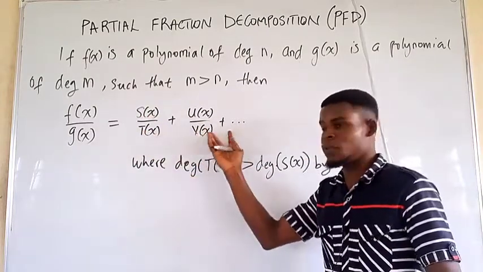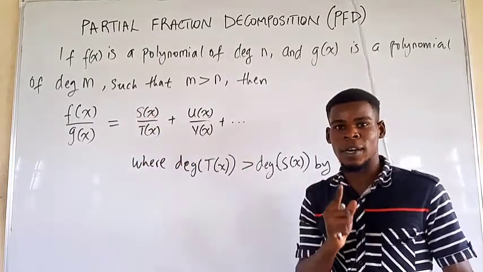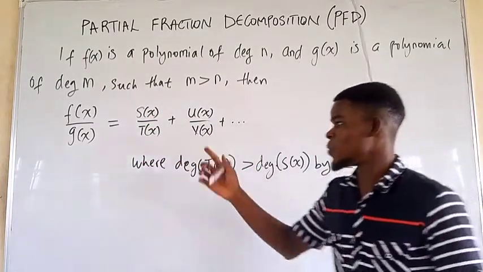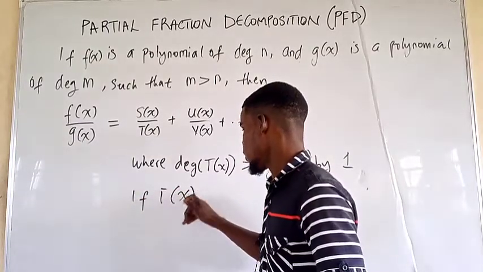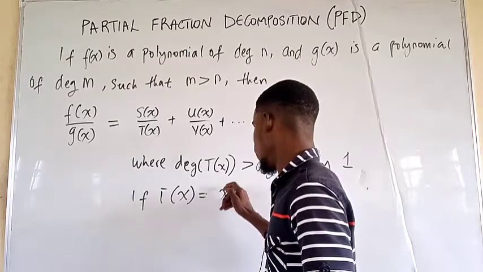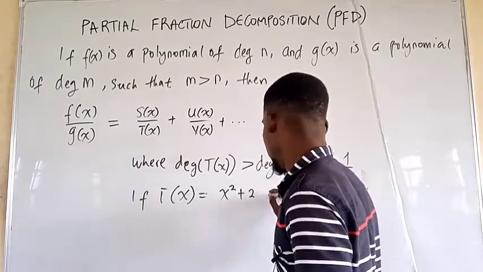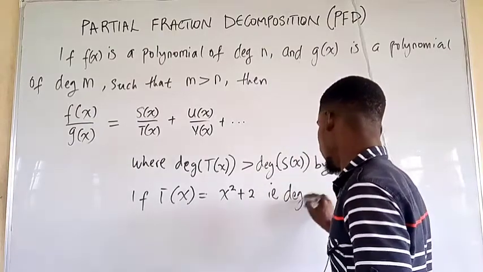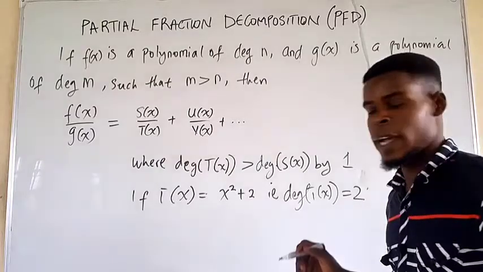This is also the case for this one. So where the degree of the bottom here is greater than the degree of the top here by 1. The degree greater than this by 1 means that if t of x is x squared plus 2, that is, the degree of t of x is equal to 2, right?